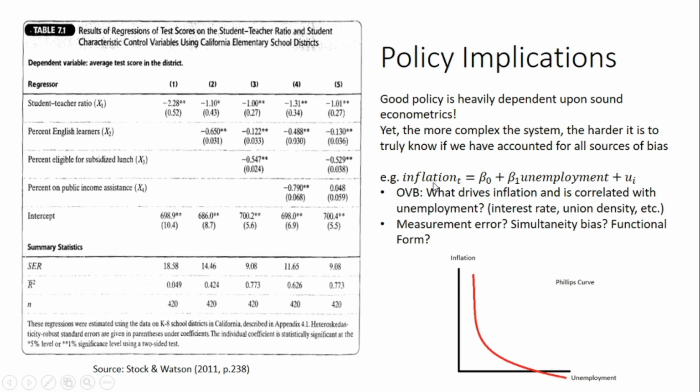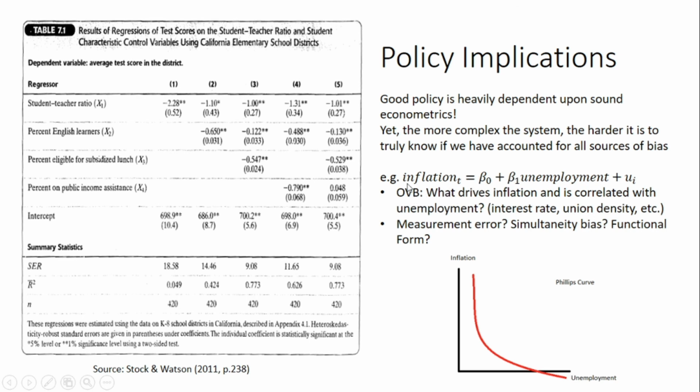If the government looks to change unemployment by spending in order to change inflation, we'd want to make sure we have this correctly specified and have done the regression as well as possible, so that we get the best estimate of beta 1.